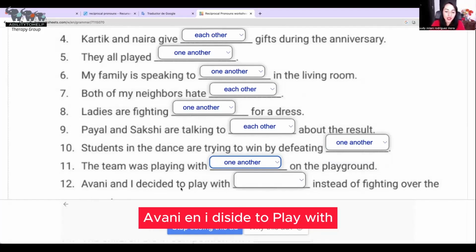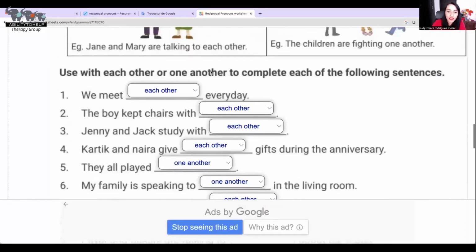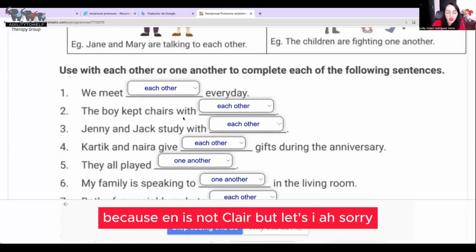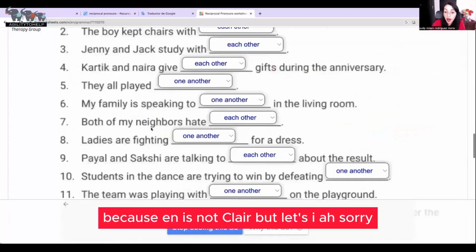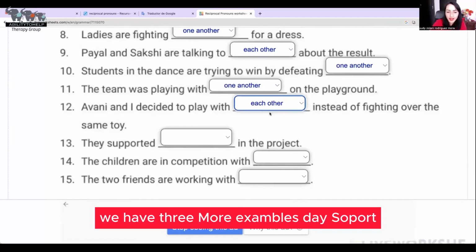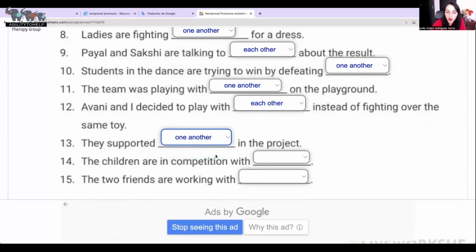Avani and I decide to play with each other. So I'm not sure. Let's see. I'm not sure about the second one, the boy, because it's not clear. But let's see. Sorry. We have 3 more examples. They support one another in the project. I write one another because they is the personal pronoun, so I think they are talking about many people. I'm not sure about this result.